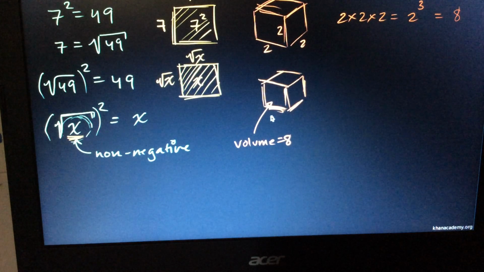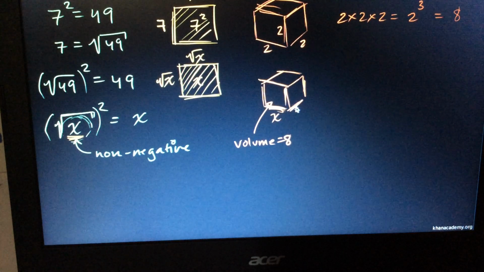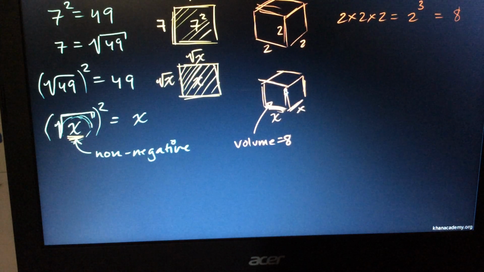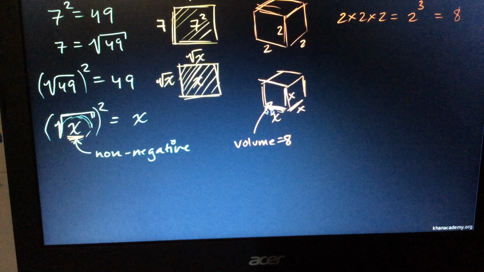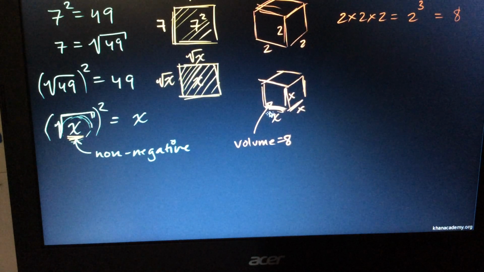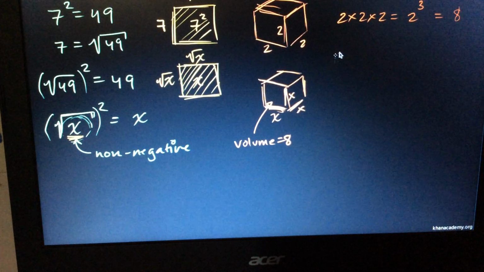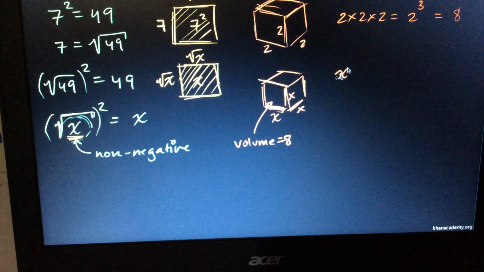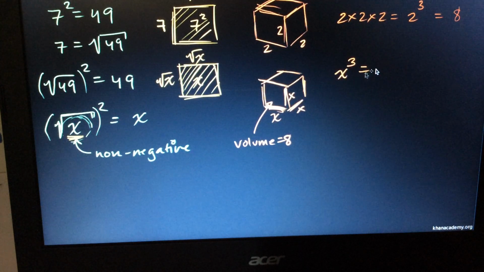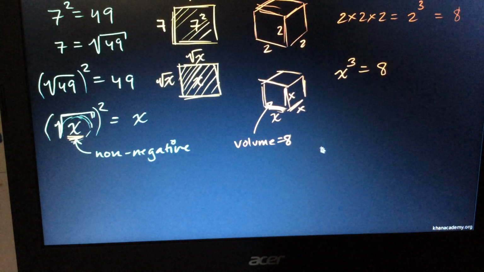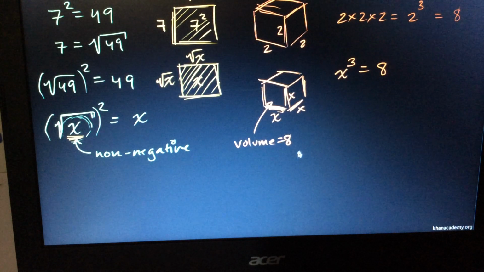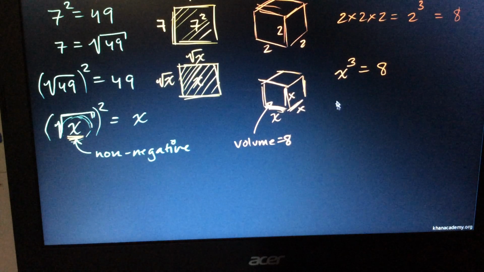So we wanted to figure out what x is, because that's x, and that's x. It's a cube, so all its dimensions have the same length. Well, there's two ways that we could express this. We could say that x times x times x, or x to the third power, is equal to 8. Or we could use the cube root symbol, which is a radical with a little 3 in the right place.